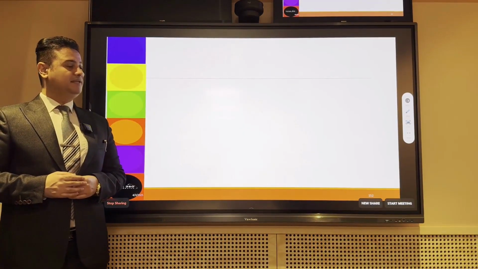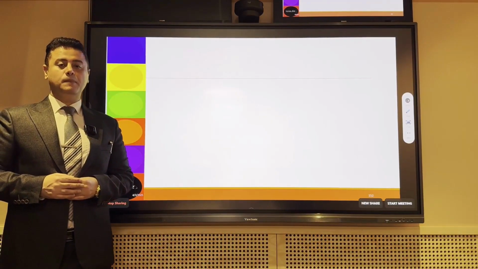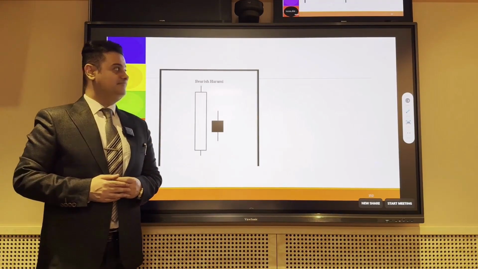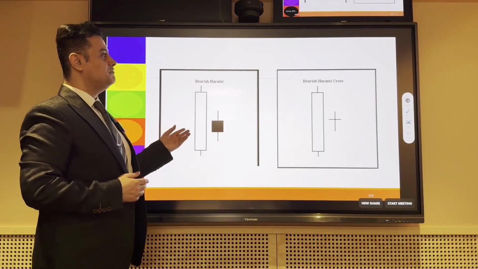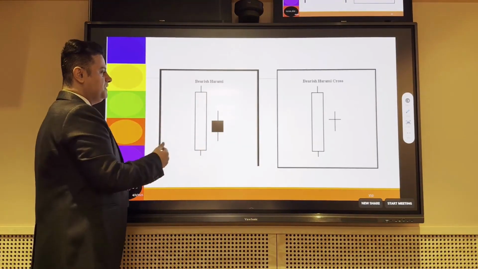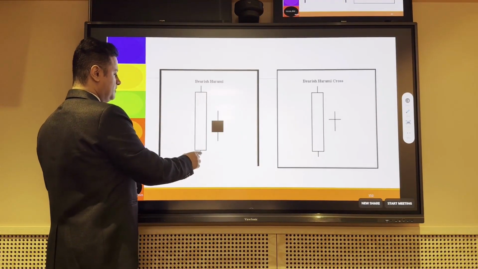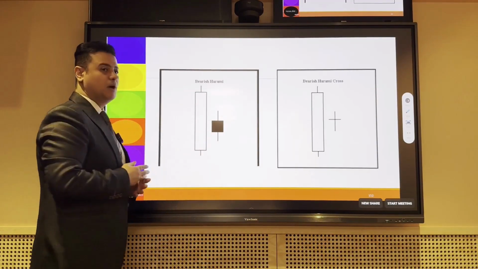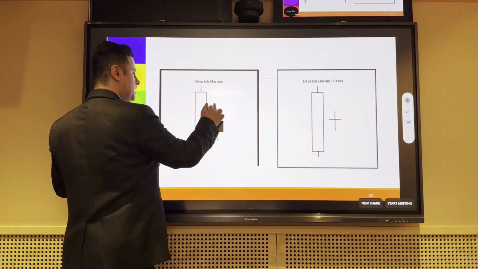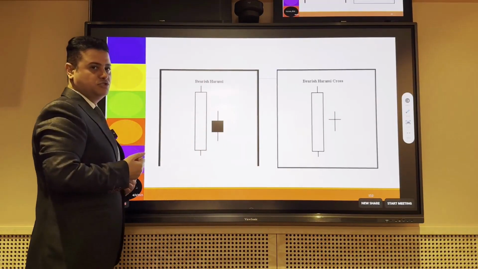All right, let's move on to the other two categories of Harami patterns, namely bearish Harami and bearish Harami cross. Well, a bearish Harami pattern occurs when your first candlestick is a completely large one and the second candlestick is a small one that forms entirely within the body of the first candlestick.